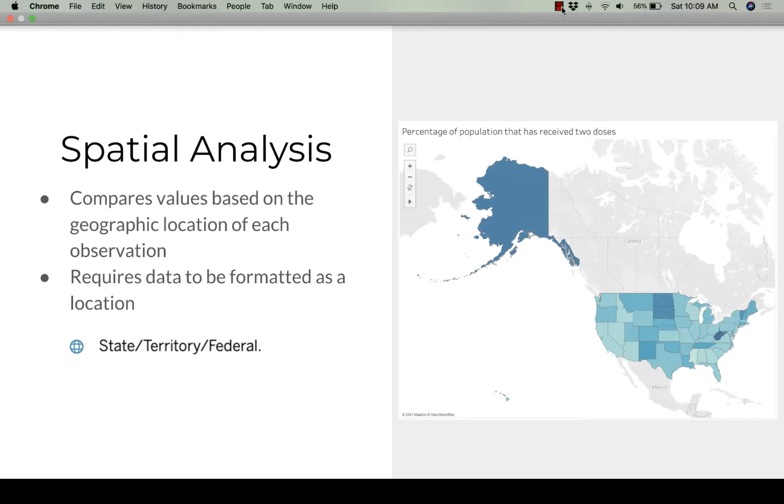That means they've received 2 doses of the vaccine. And just looking at it, I see that California, that's my state, it appears to be lagging behind much of the country. Alaska and the Dakotas and West Virginia have the darkest colors, suggesting that they're getting people vaccinated with both doses at a faster rate than the rest of us.